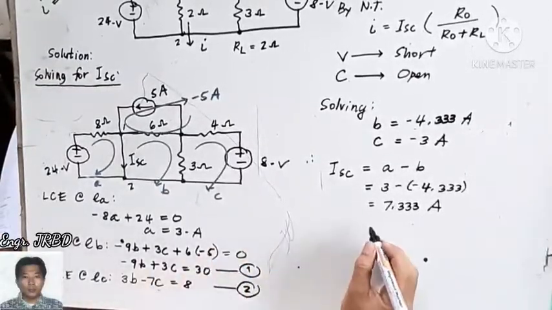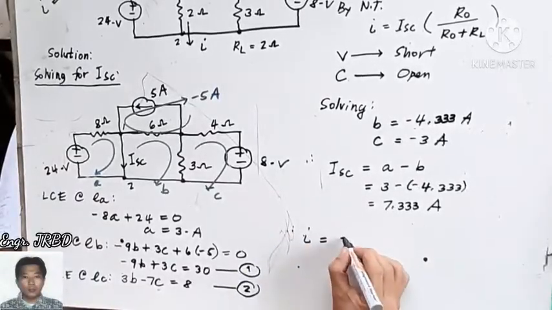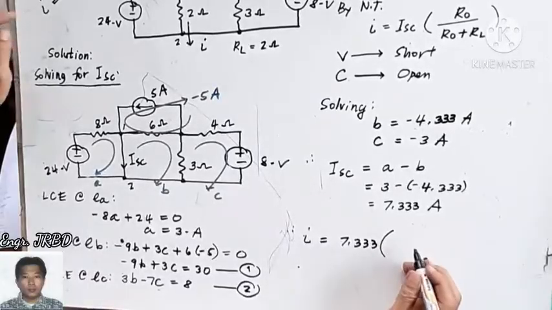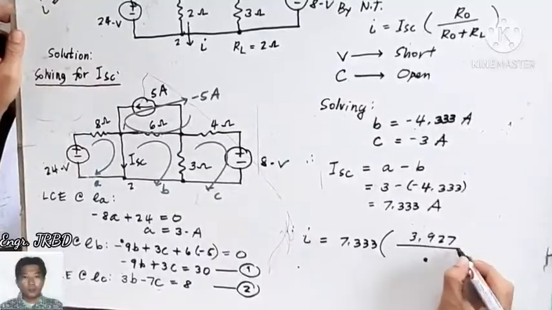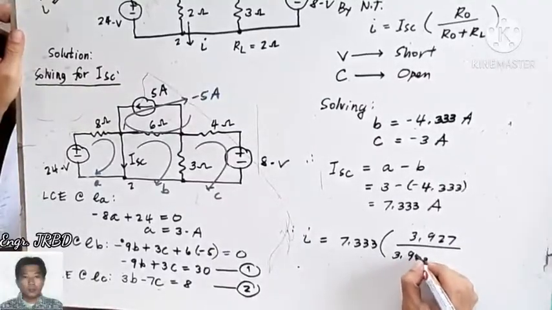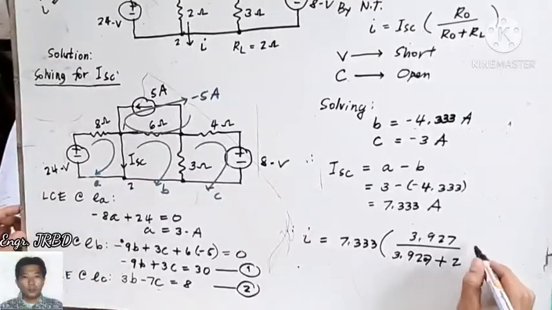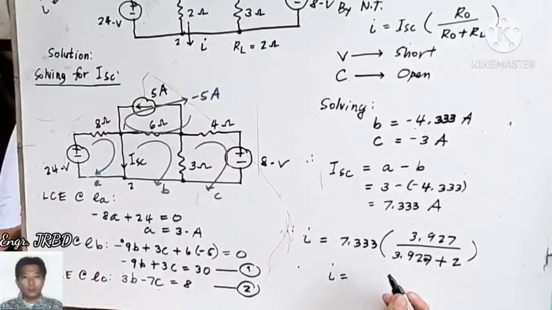So by Norton's, your I is the short circuit current of 7.333 times R sub O, that is 3.927 divided by 3.927 plus your RL of 2 ohms. And you will see that the value of I is the same, which is 4.86 amperes.